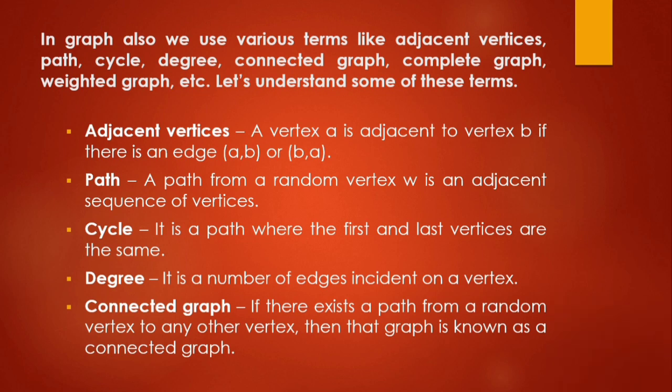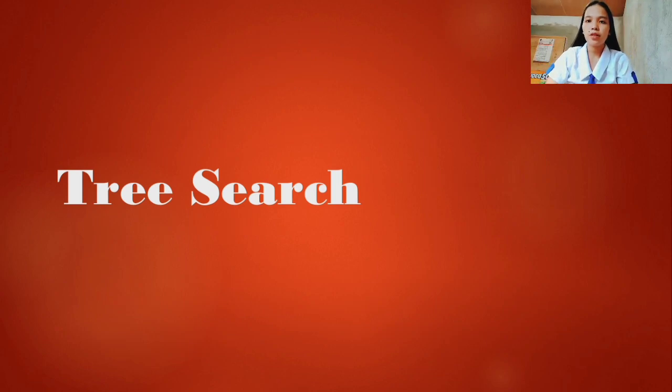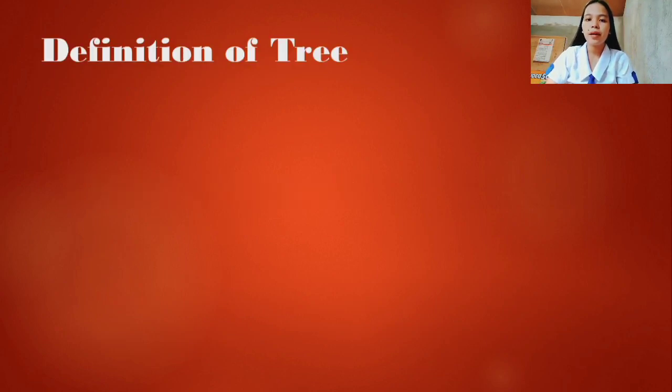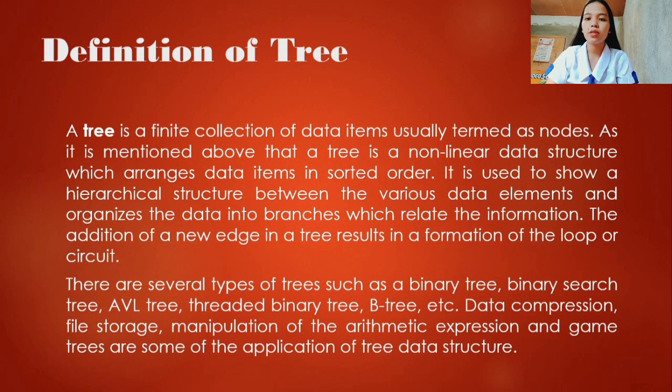Tree search. A tree is a finite collection of data items usually termed as nodes. As mentioned above, a tree is a nonlinear data structure which arranges data items in sorted order. It is used to show a hierarchical structure between the various data elements and organizes the data into branches which relate the information.